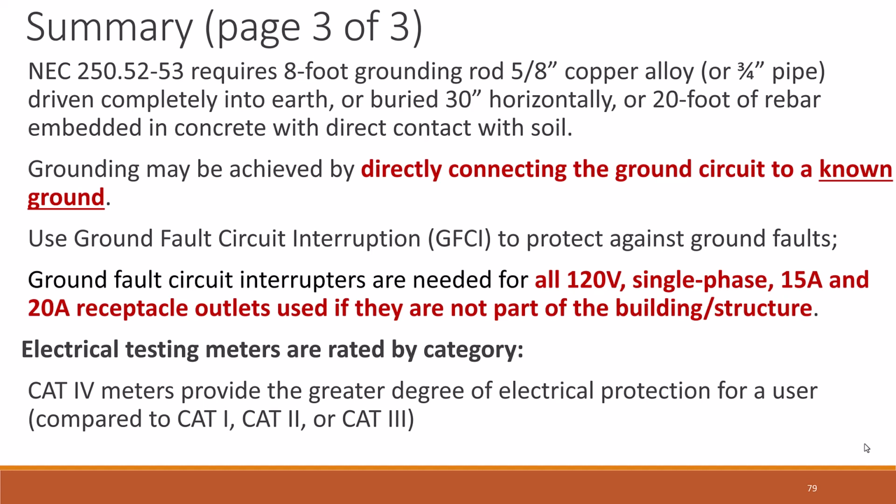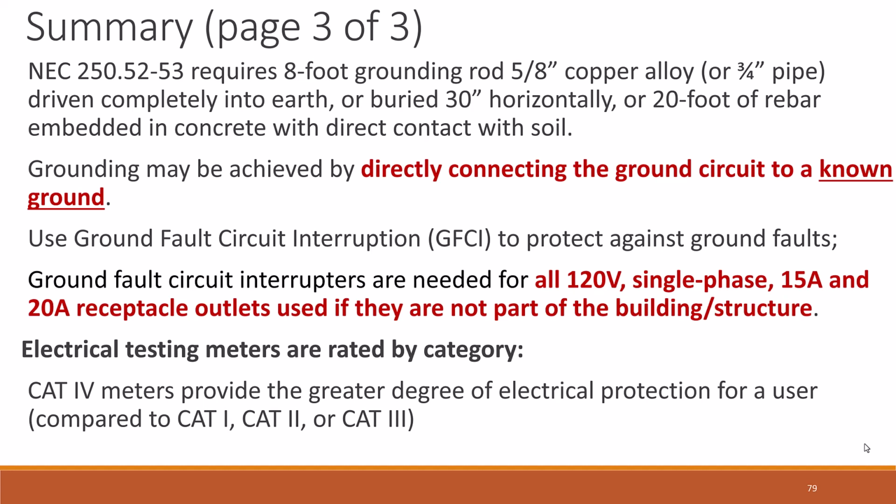Either way, 8 feet of it, or you take the whole 8 feet of the rod and you bury it 30 inches underground. That's 2.5 feet. Or you connect up to a 20-foot piece of rebar that's embedded in the concrete with direct contact with soil. So you can't have a vapor barrier then. So most house slabs and building slabs wouldn't qualify.